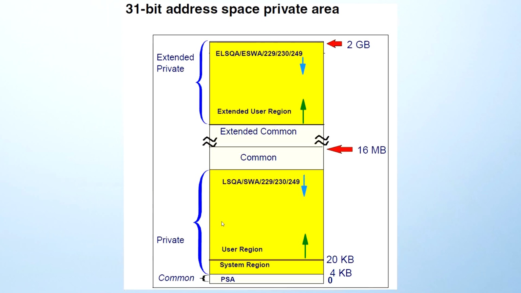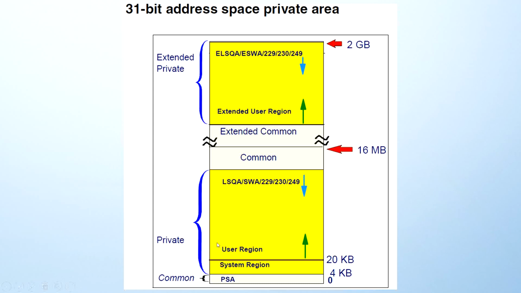Here he is trying to highlight the private area of an address space. This is the area which is really usable by a user. It could be a user, or it could be a subsystem like CICS or DB2, anything for that matter. Whereas the common part has to be shared across all the address spaces created in that LPAR.